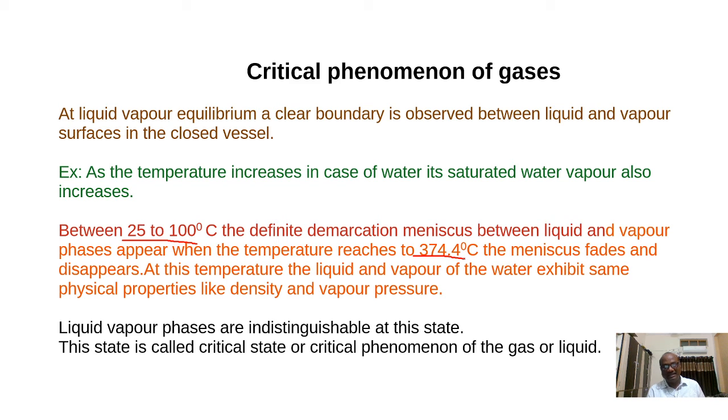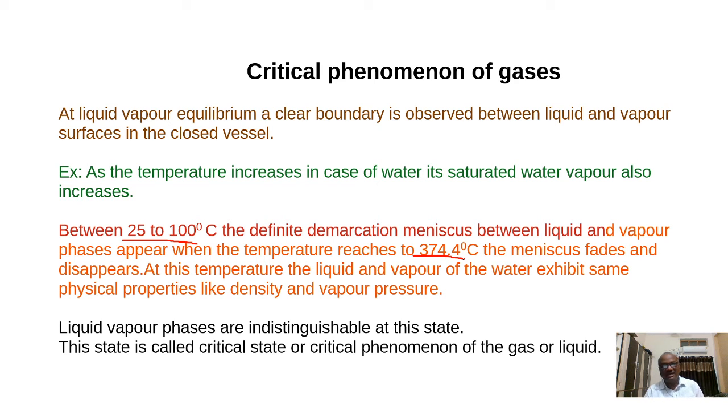Under this temperature, it is not possible to distinguish the liquid and vapor. So this state is called the critical state of water. This type of state can be observed in case of all gases or all liquids.